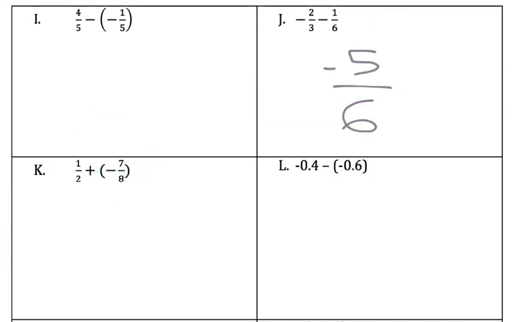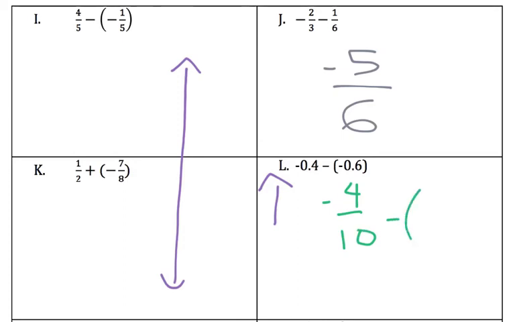And then let's look at L. L's a little tricky. So I think the first thing to figure out is, is this going up or down? And since we're subtracting a negative, it's like we're subtracting weights. So this is actually going up. I'm going to keep it in decimal form, but you could also rewrite the problem like this: negative 4 tenths minus negative 6 tenths.